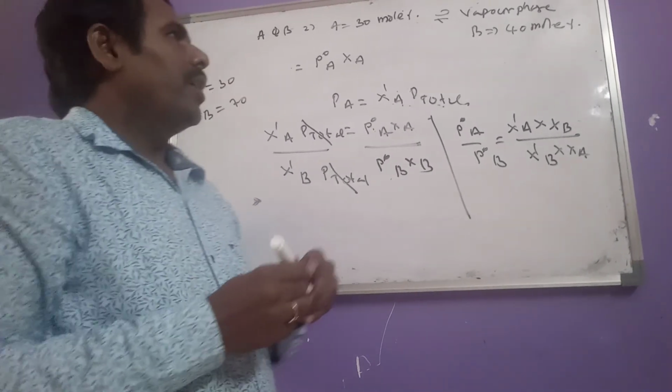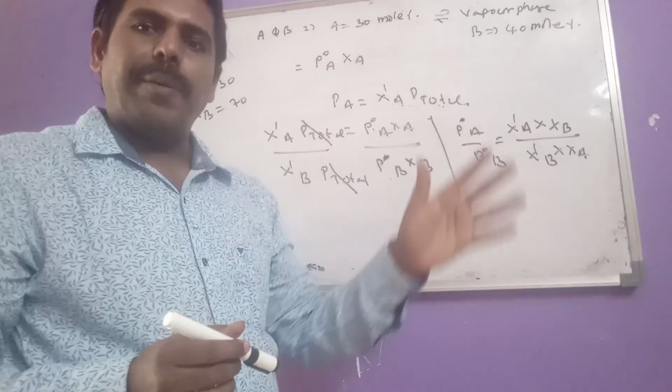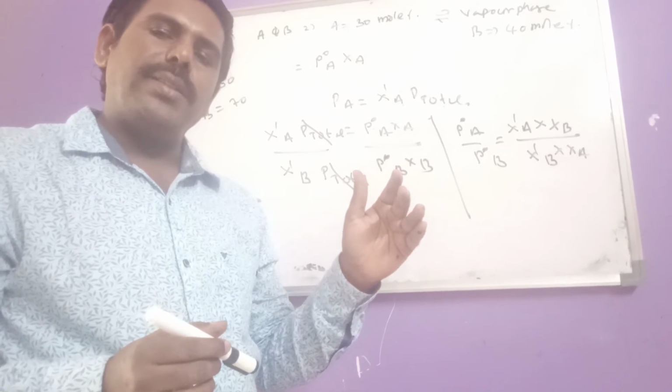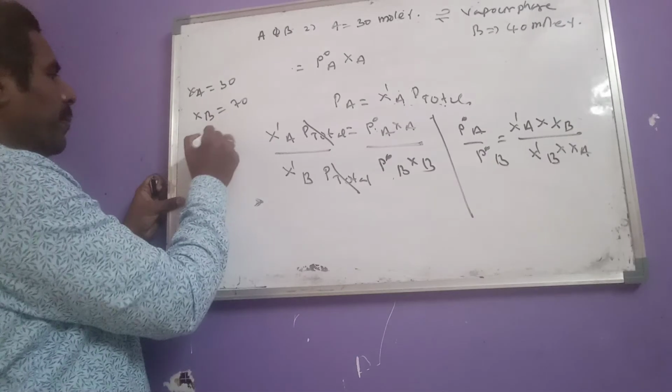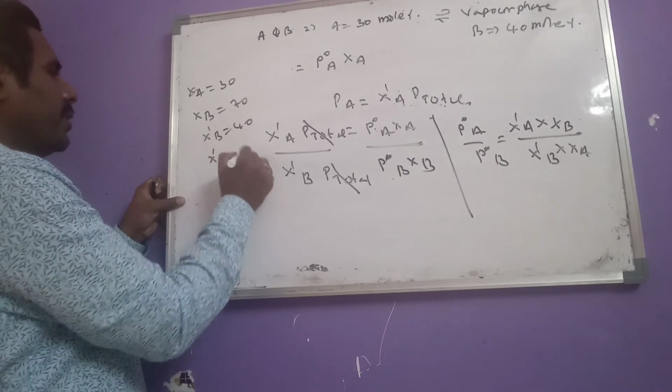And also in vapor phase, mole fraction of B is 40%. That means X dash B is 40 and X dash A is 60.